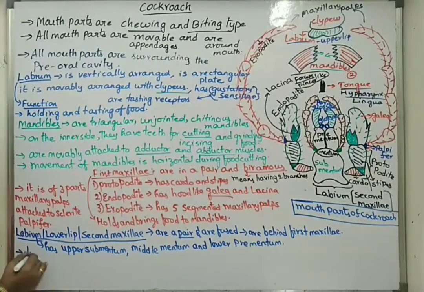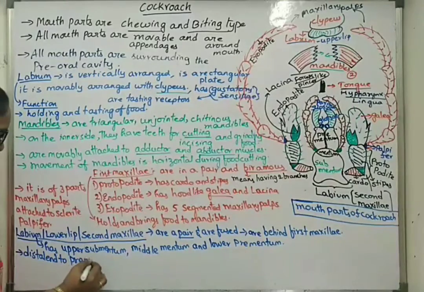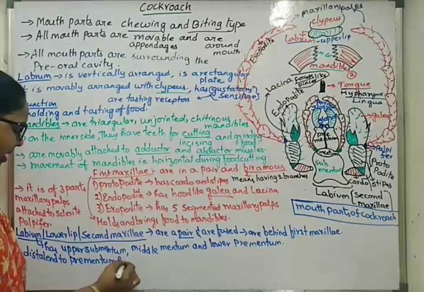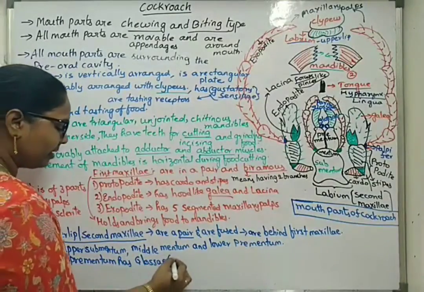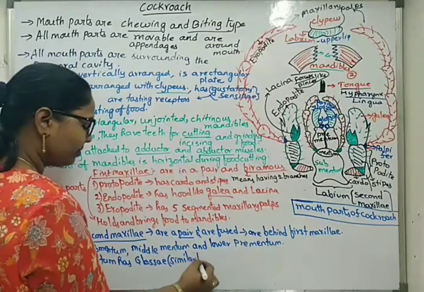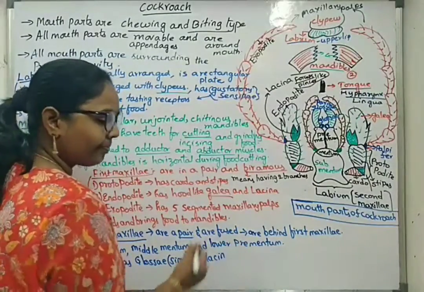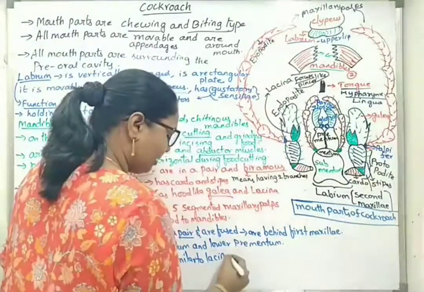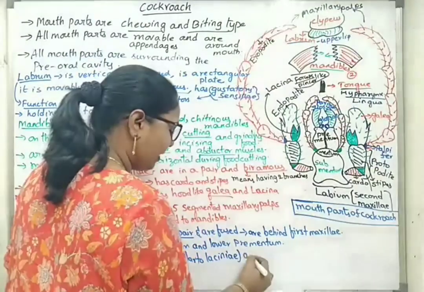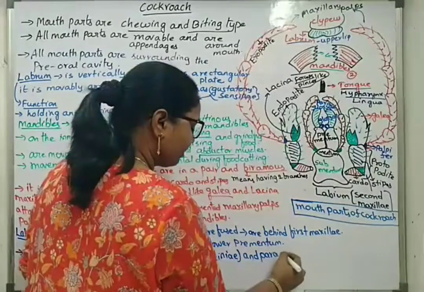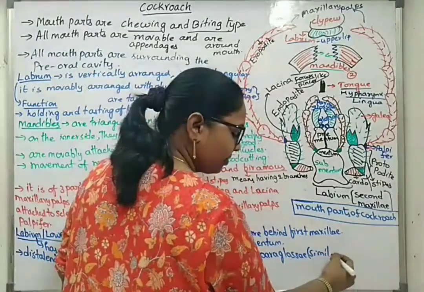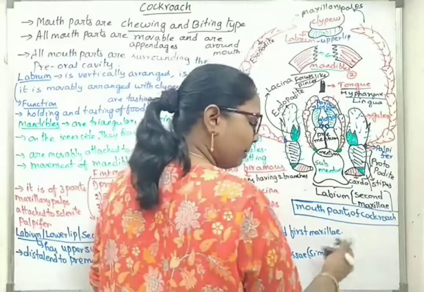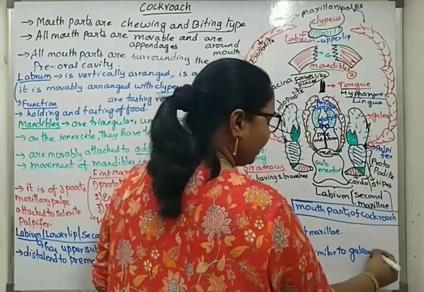The distal end of prementum has glossae, similar to lacinia, and paraglossae, similar to or comparable to galea, the hood-like galea.